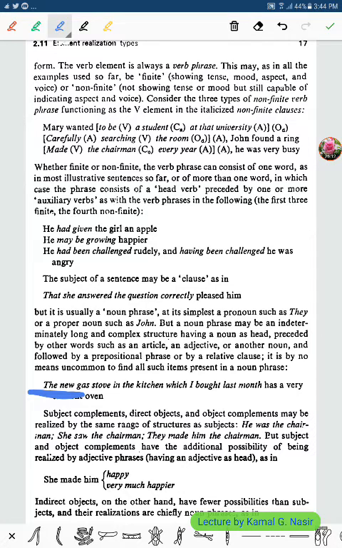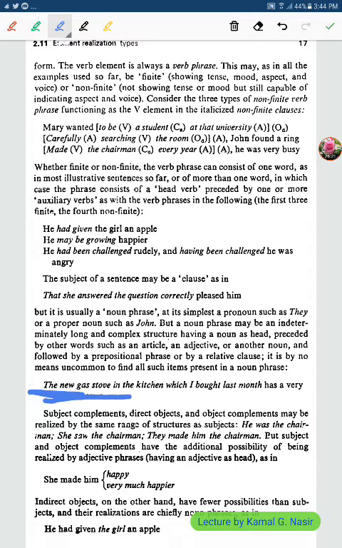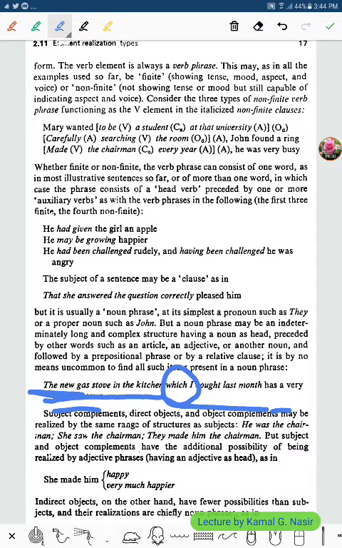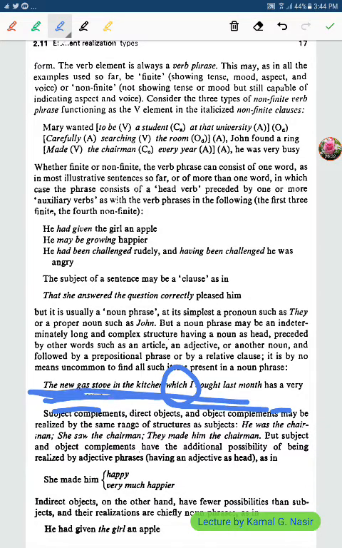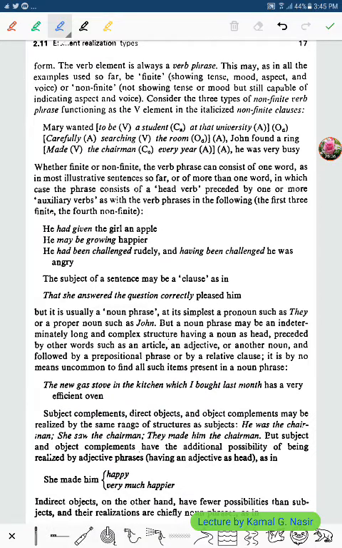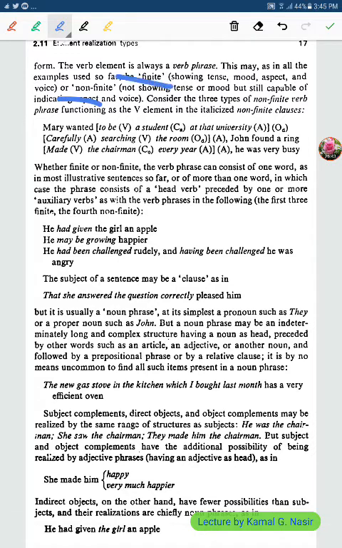The new gas stove in the kitchen, which I bought last month, has a very efficient oven. What is the type of the clause here? Finite or non-finite? Now we talk about these only.